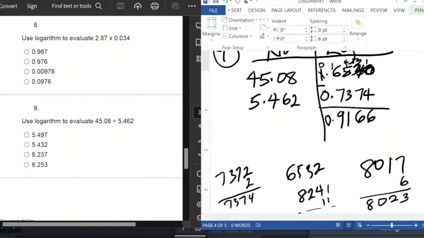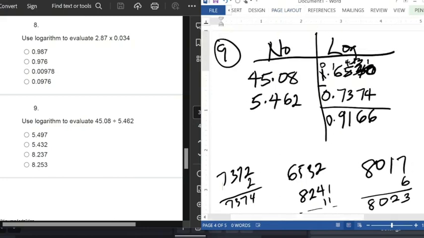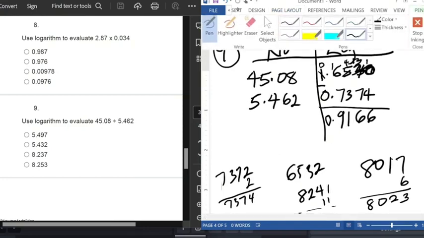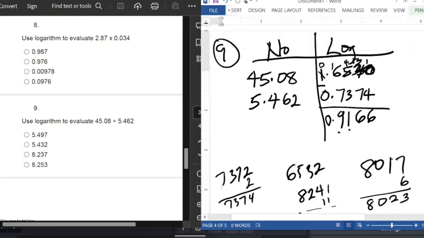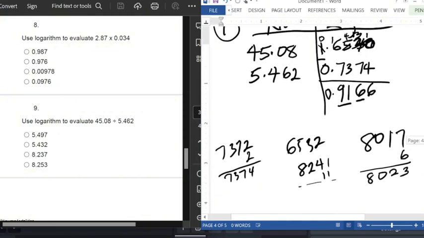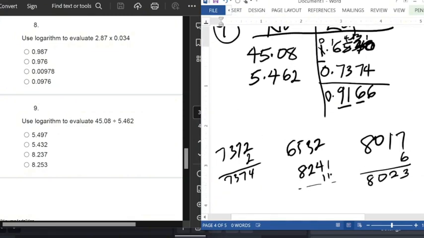All right, so by the time we check the antilog of 91, 91 under 6 gives us 8241, right? Then difference 6 gives us 11. When we add it together, we have 2, 5, 2, and then 8.